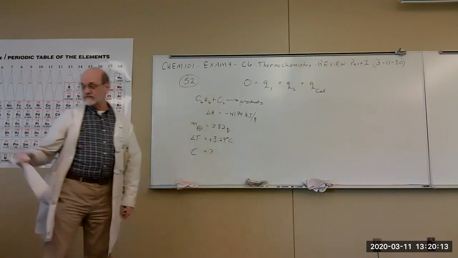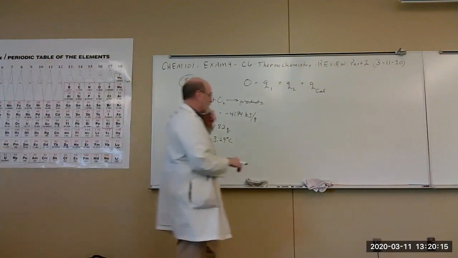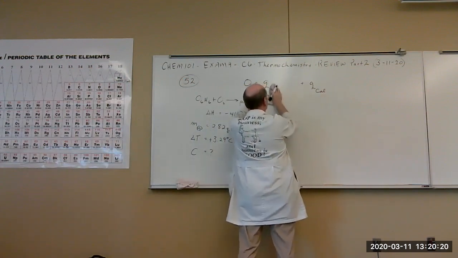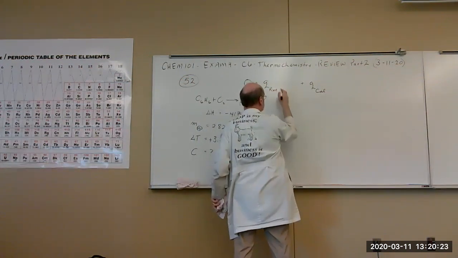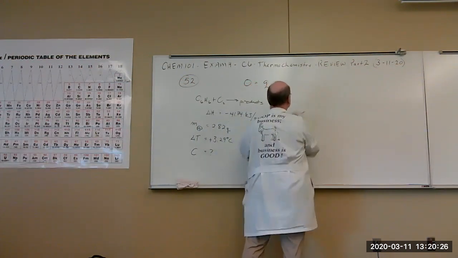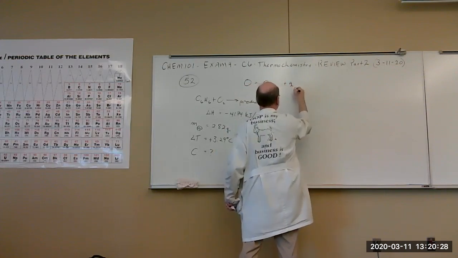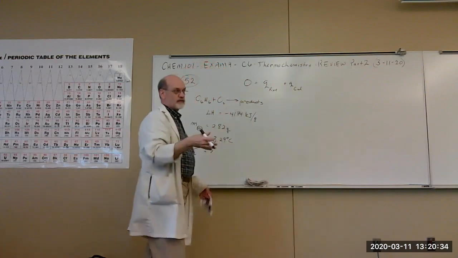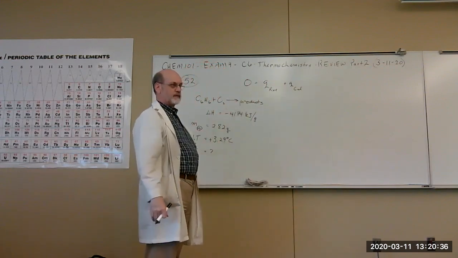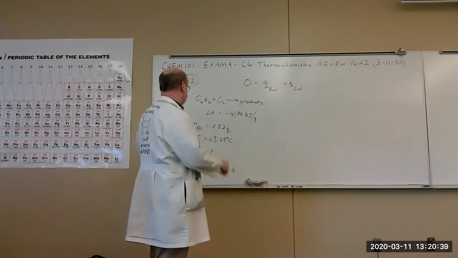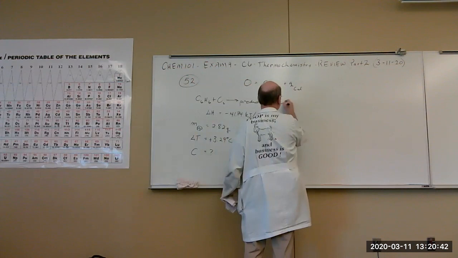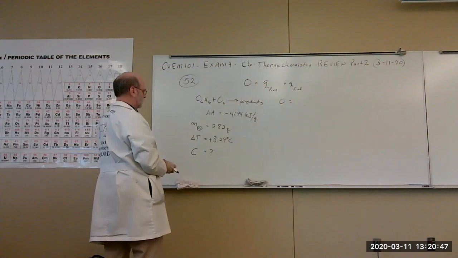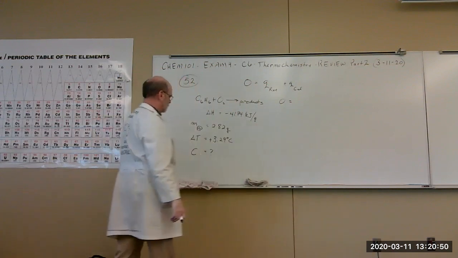In this case, we only have one Q for the reaction. So it's the Q of our reaction plus the Q of the calorimeter. Those are the only two terms that we have information for. That's all we need. Okay, so let's expand this one out. So what is the Q of the reaction?